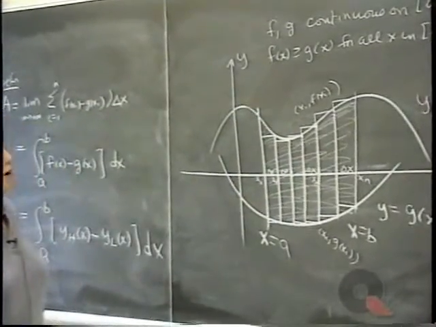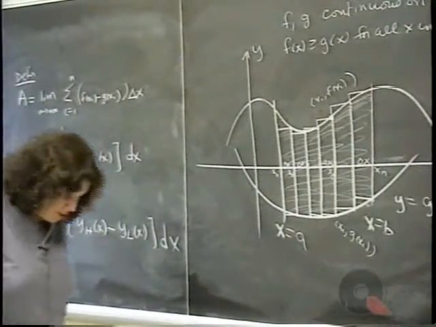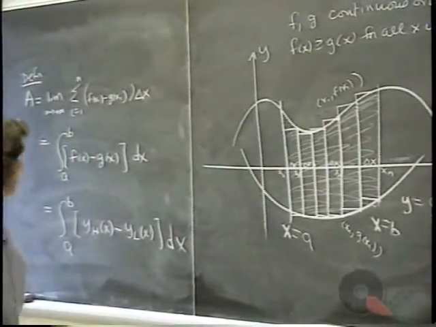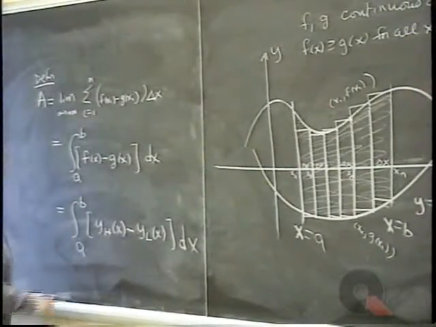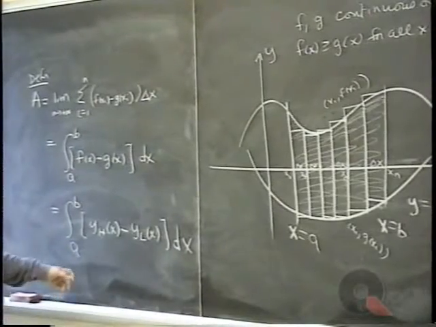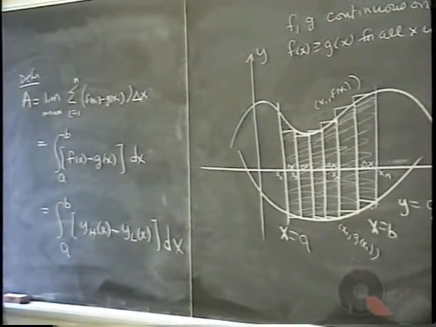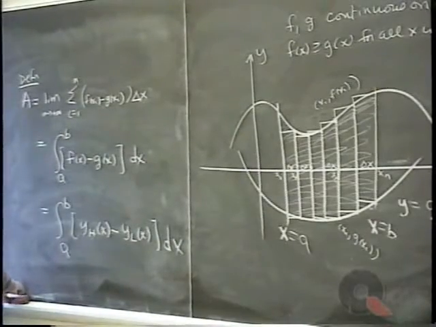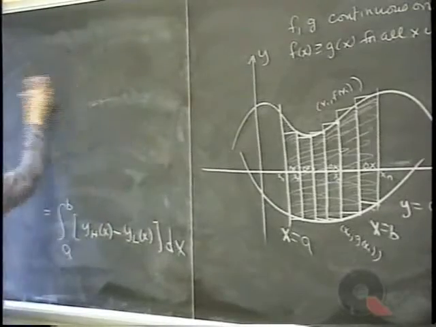Other times, however, a and b will not be explicitly given. If a and b are explicitly given, fine, use them. If they're not explicitly given, then a is going to be the x-coordinate of the leftmost point in the region, and b is going to be the x-coordinate of the rightmost point in the region. So let me just write that down for you.